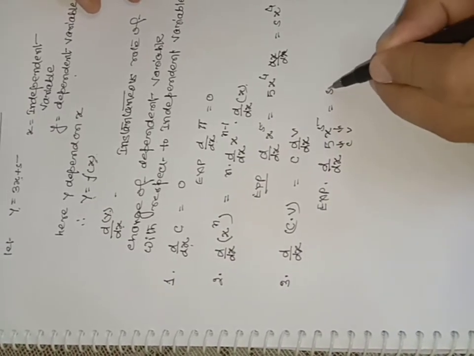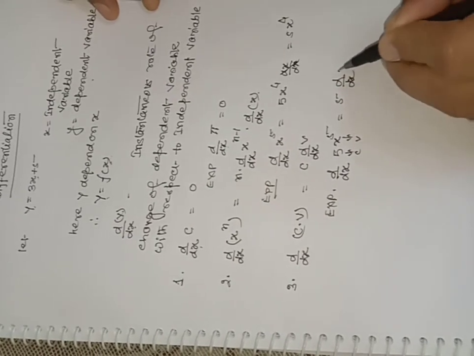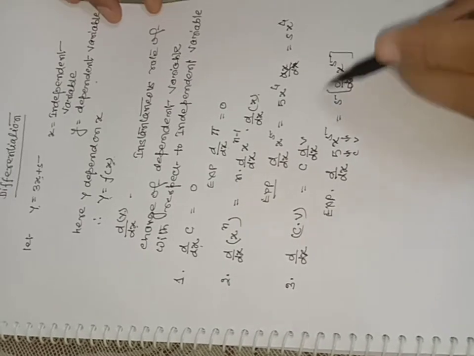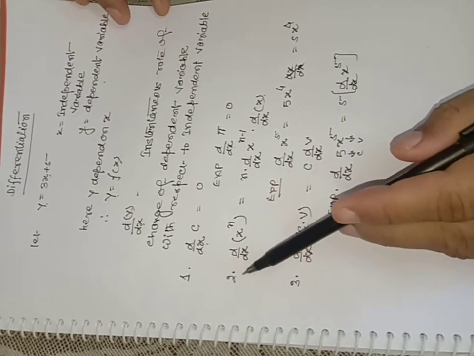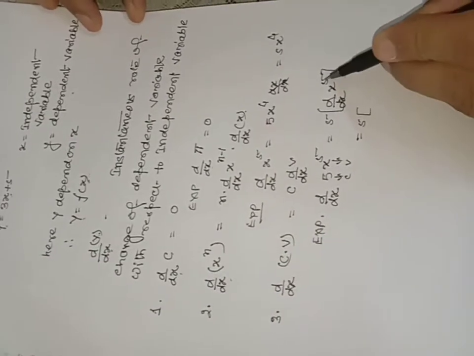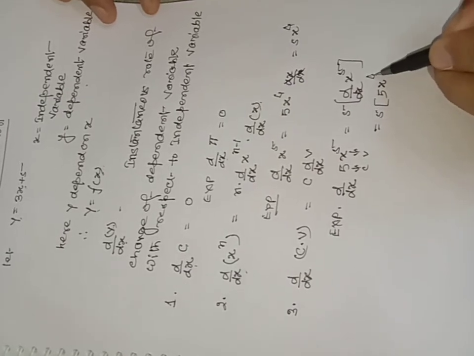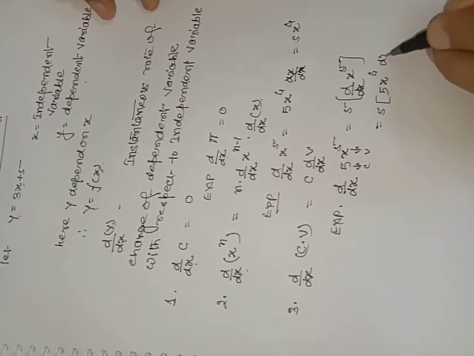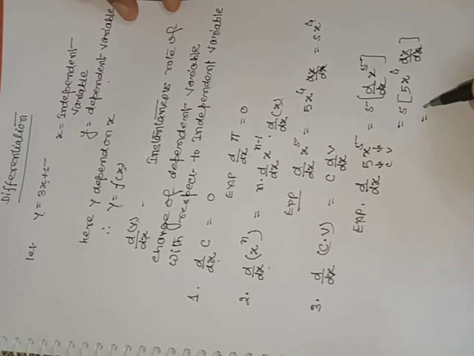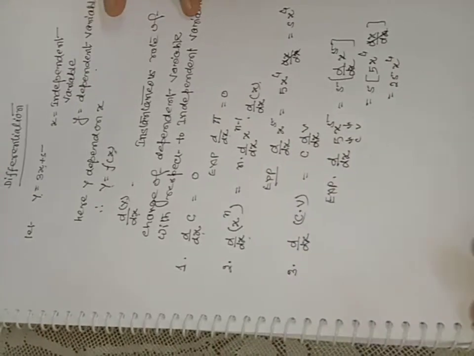So 5 is taken out of the differentiation sign, d by dx of x power 5. And now this d by dx of x power 5 turns in the form of the second formula, d by dx of x power n. So it becomes 5, n is here 5, so 5 x power 5 minus 1, that is 4, dx by dx, it gets cancelled. So your answer is 25 x power 4.